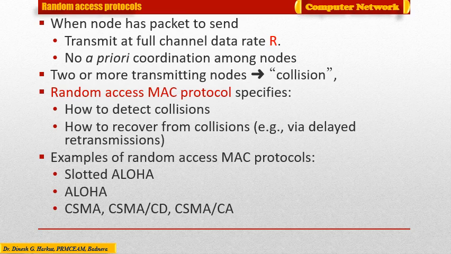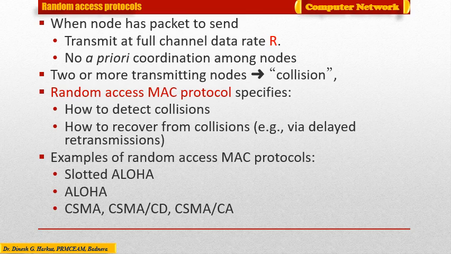Each node involved in the collision chooses the random delay independently. This is most important. Because the random delay is chosen independently, it is possible that one of the nodes will pick a delay that is sufficiently less than the delay of the other colliding nodes, and hence will be able to send the frame into the channel without any collision.